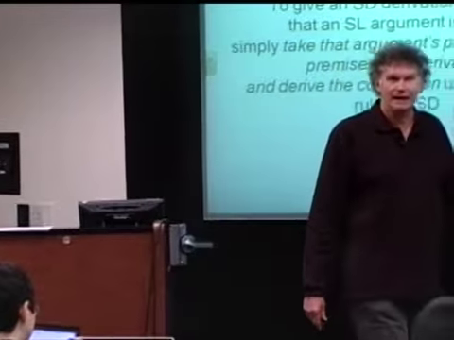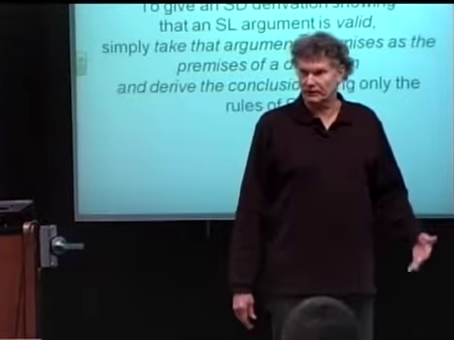But now we're in a position to prove, not just see in a truth table, not just try to intuit the impossibility of premises being true while the conclusion is false. We can now prove that certain arguments are valid, or that certain sentences are logically equivalent, or that one sentence is logically false. And what I want to do today is just go over explicitly what it means to prove these things.